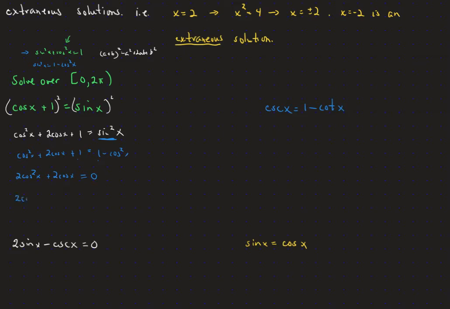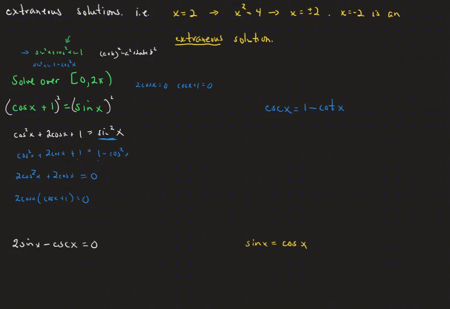We can now factor out the greatest common factor of 2 cosine x, which will leave behind a cosine x plus 1. So from there we get either 2 cosine of x is 0 or the cosine of x plus 1 is equal to 0.